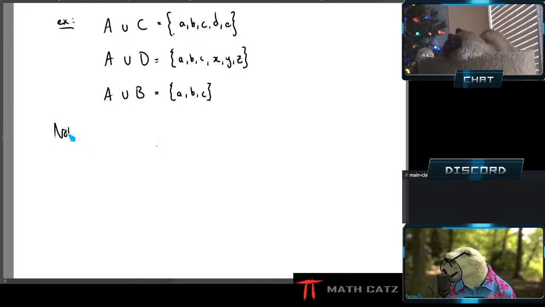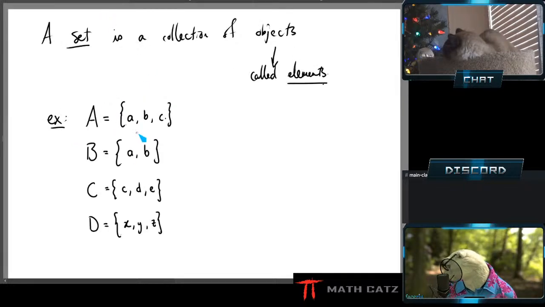So let's note this last one. What does this tell me? Set B doesn't contribute anything new because set B is a subset of A. So when I then look at the union, set B is kind of useless because set A already contains it.